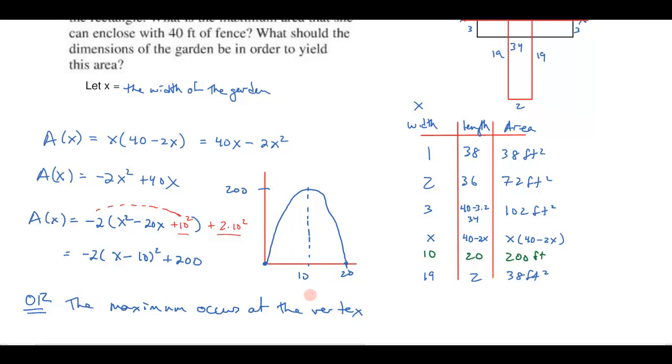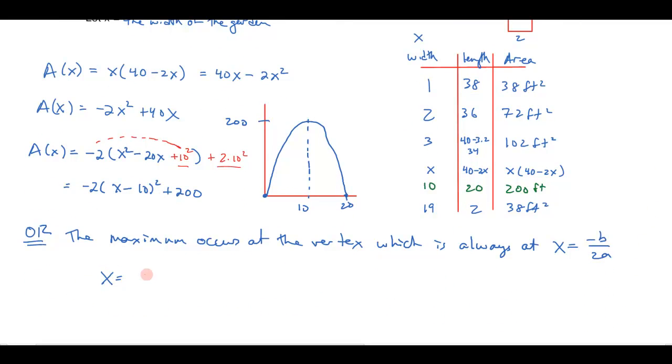If it was opening up, the minimum would occur at the vertex, but the maximum occurs at the vertex, which is always at x equals negative b over 2a. So in this case, I know that the maximum is going to be at x equals, what's negative b? Well, b is 40, so that would be a negative 40. A is negative 2, and sure enough, negative 40 over negative 4 is 10.